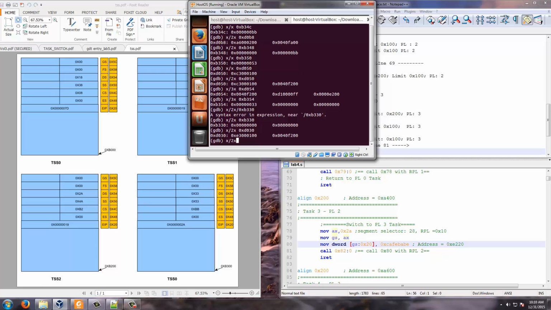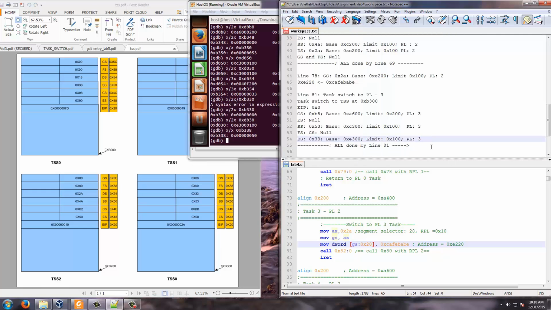So in the TSS, B338 will give you the ESP, x/x 0xB338, and that gives you. So ESP is set to 50. Along with the stack segment, your ESP is also set to 50. That's where you're coming here, and that's all done by line 81.